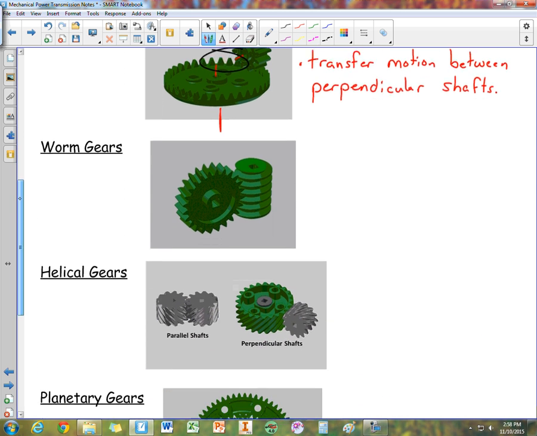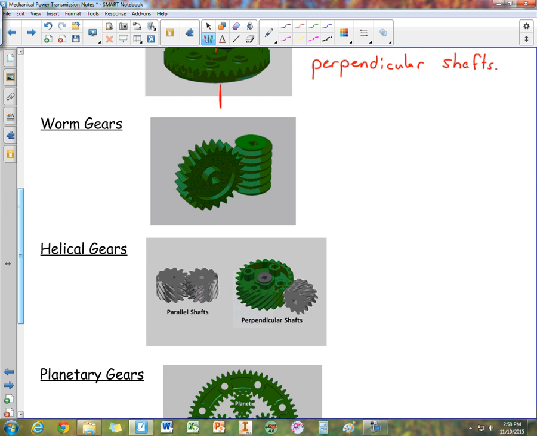The next type is the worm gear. And the worm gear works with just a regular old spur gear. And with the worm gear, once again, it transfers between perpendicular shafts.